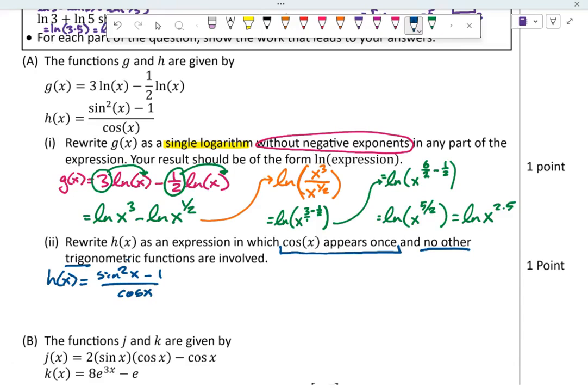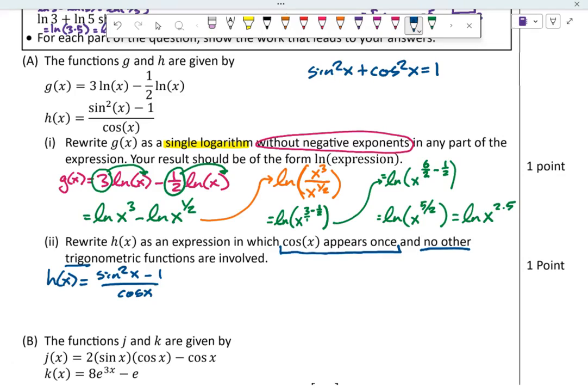We have a squared here. What does that bring to mind? Without looking up your identities. Pythagorean. So, which one has a sine squared in it in the Pythagorean? Sine squared plus cosine squared equals 1. Can I manipulate that so I have sine squared minus 1?